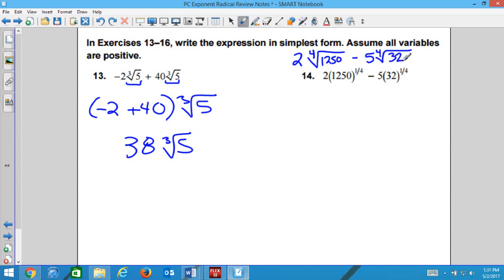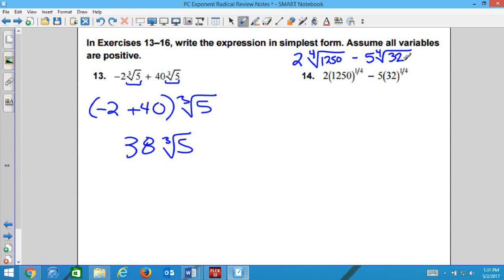Can I subtract those? They're both 4th roots, but they don't have the same number underneath. So you cannot subtract them as is. But maybe they simplify.